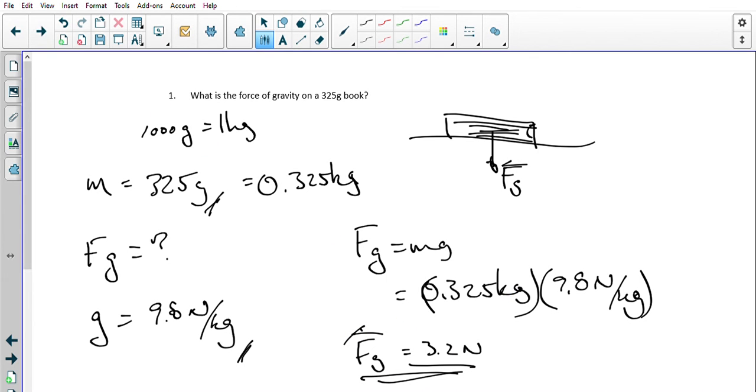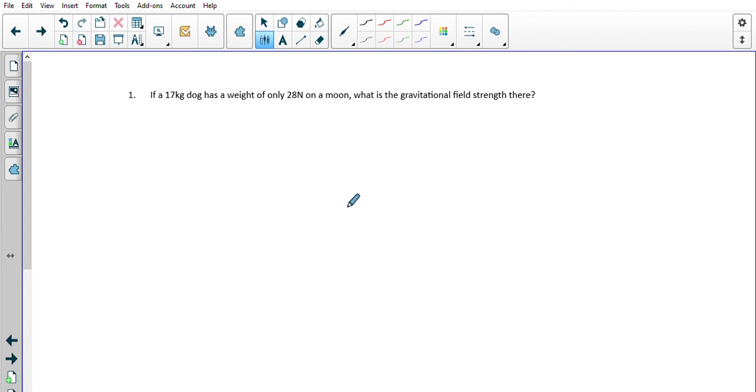Coolness. All right, last one. If a 17 kilogram dog has a weight of 28 newtons on the moon, what is the gravitational field strength there? Ooh, this is a different question. Well, we got 17 kilograms. Well, what do we measure in kilograms? Mass. Okay, that's our mass. Here we have 28 newtons. Well, what is that?